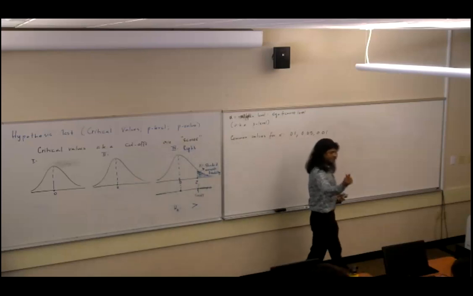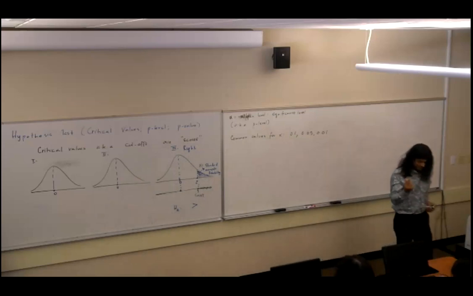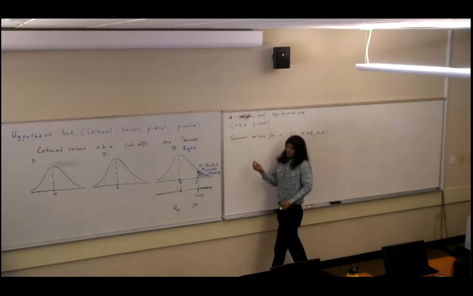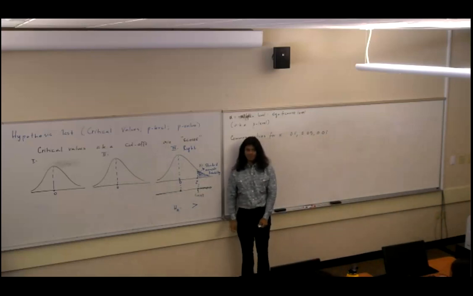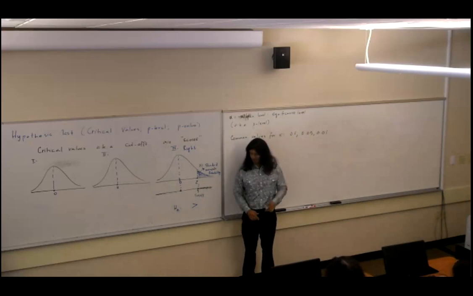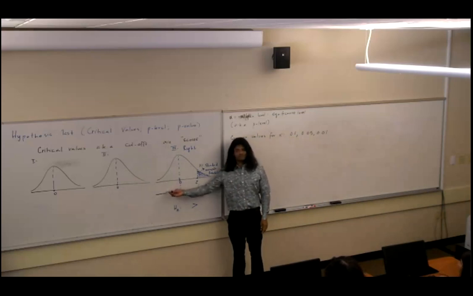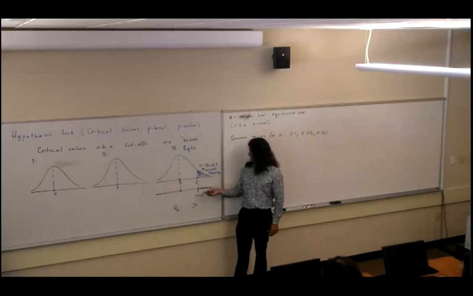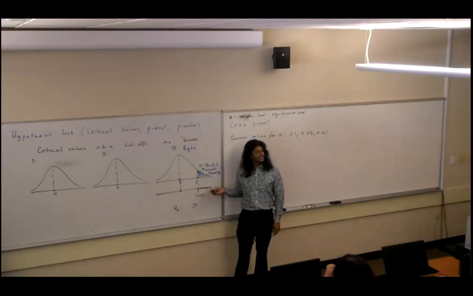Now, data is going to give us the test statistic. If I am going to reject the null, conclude that there is significance, where should the test statistic fall? Yes, it should be somewhere here.